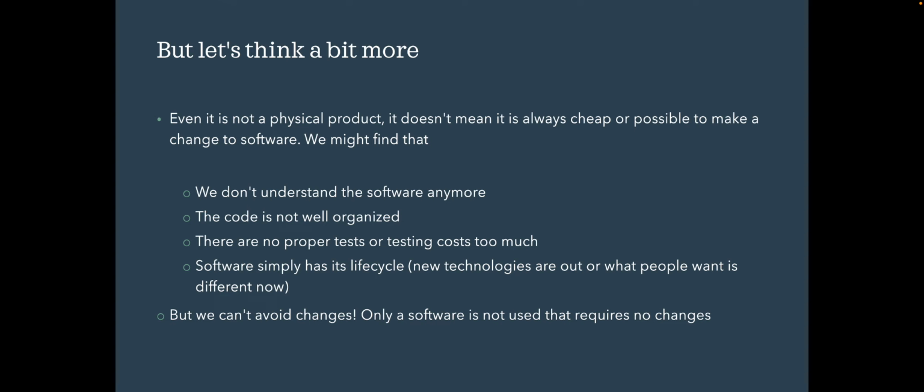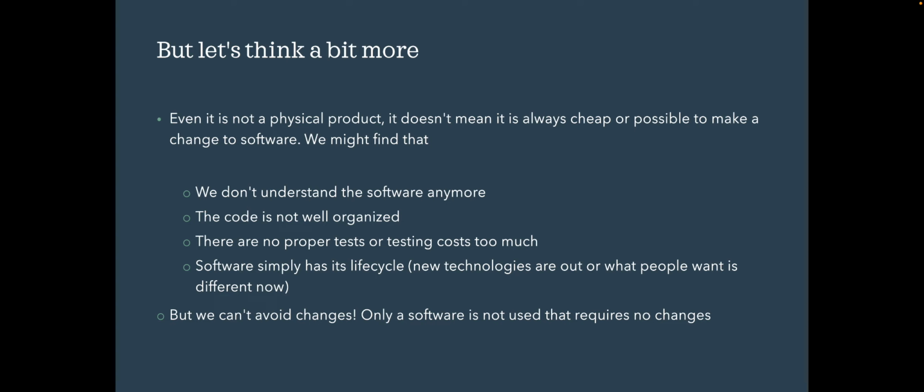However, making change easier doesn't mean it's always cheap and possible. For example, what if we don't understand the software anymore because it was built a long time ago by another team? The code is not well organized, so it is very hard to make any change.